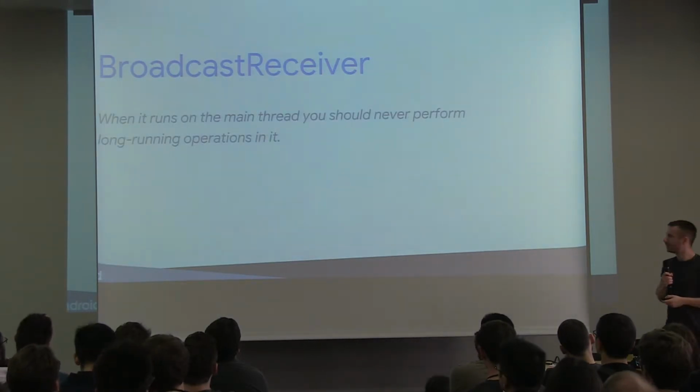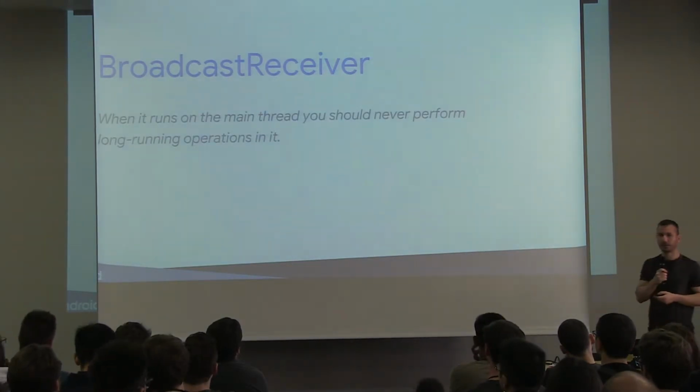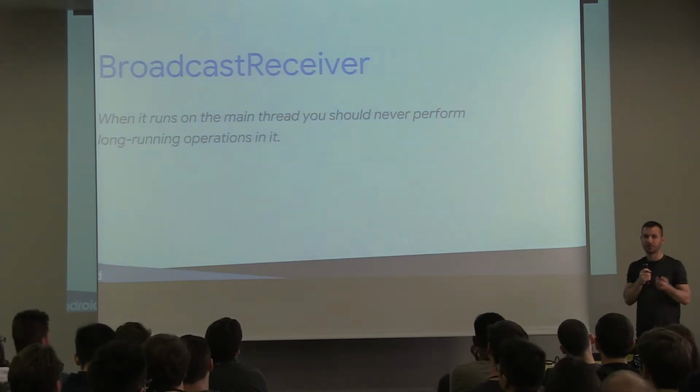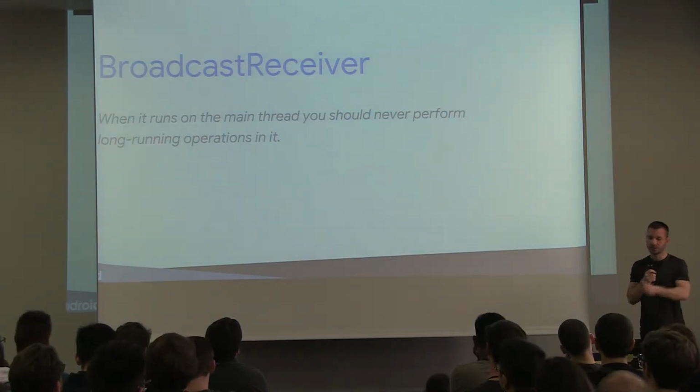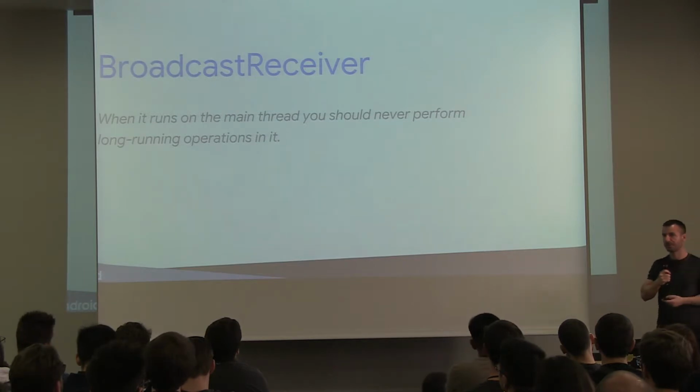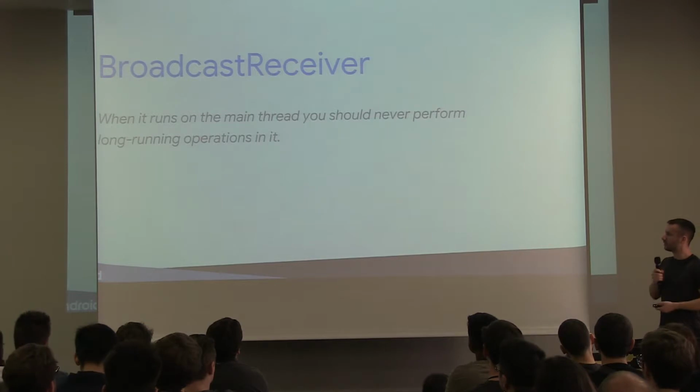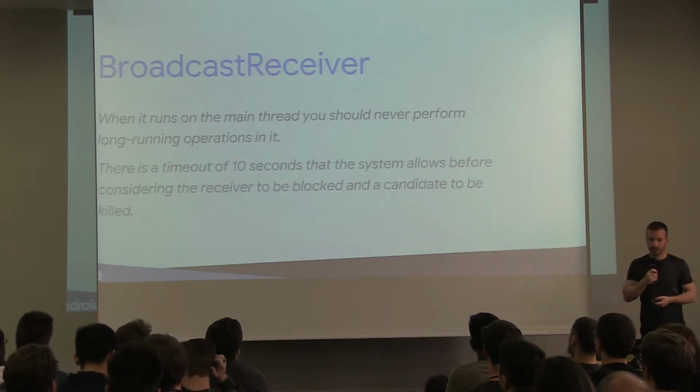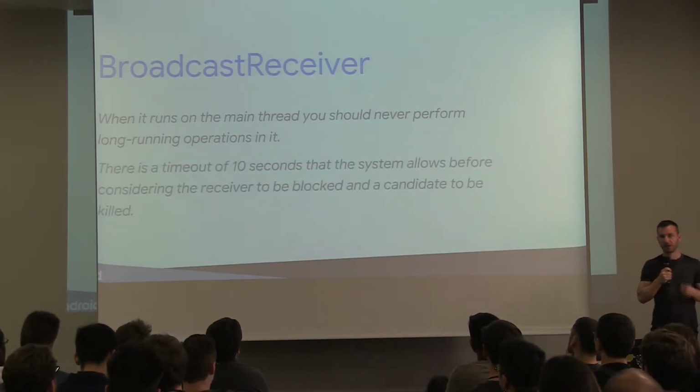So a broadcast receiver usually runs on the main thread. It runs on the main thread if you register it in your XML. You can do other things from code, but normally that's how we use them. And since it runs on the main thread, you should never perform long-running operations in it. And there's a similar timeout like for the UI.